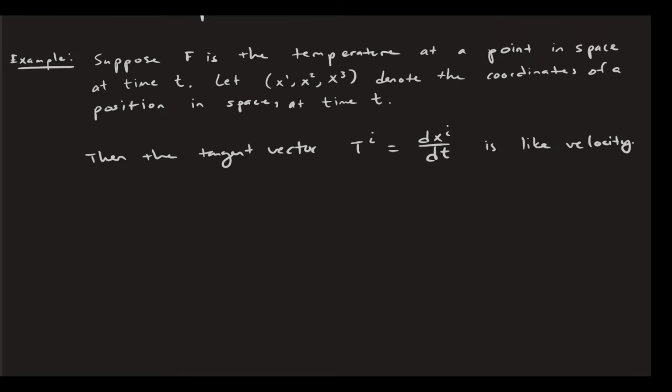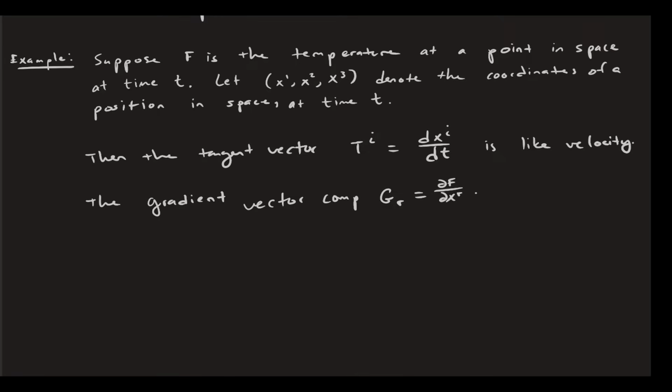Right? The tangent vector, the derivative of the position over time, would be velocity. So those are the tangent vector components. And the gradient vector components, we'll call them G_r, would be ∂F/∂x^r.